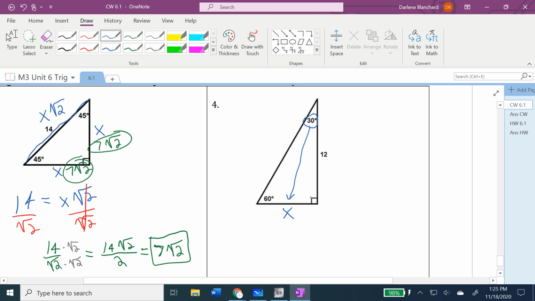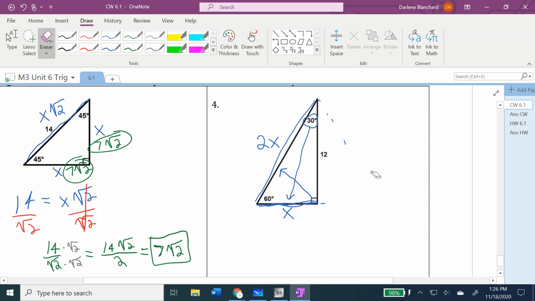The hypotenuse, which is opposite the 90-degree angle, is always double that side that's across from 30. And if you want, you can almost imagine an equilateral triangle, and that helps you to visually see that that makes sense, that the hypotenuse is going to be double this length.